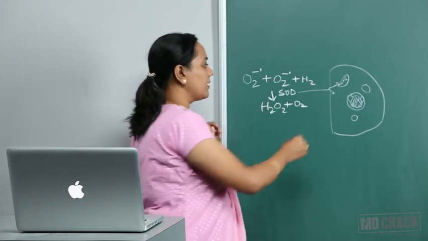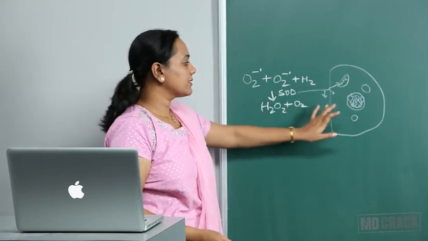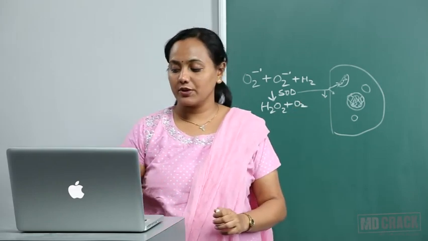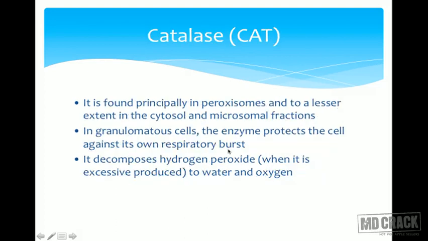So we have it outside the cell also. So mitochondria, cell cytoplasm and outside also. This is superoxide dismutase. What is important about this enzyme is that it requires copper or zinc or manganese. Now let us look at the next enzymatic antioxidant, that is catalase.